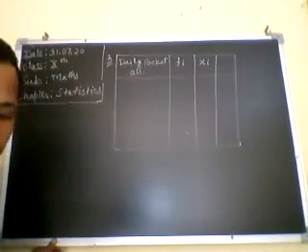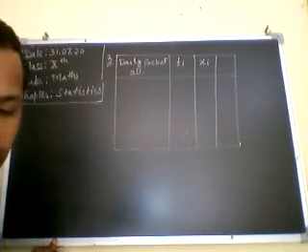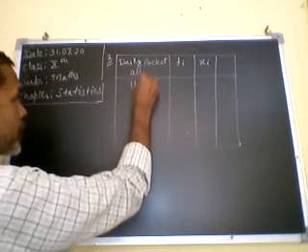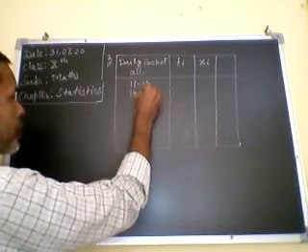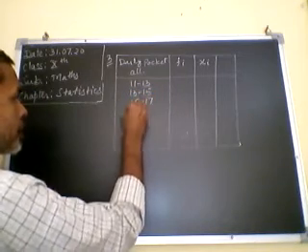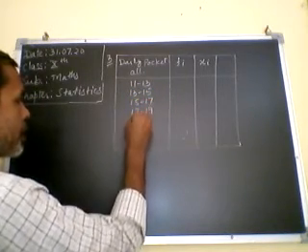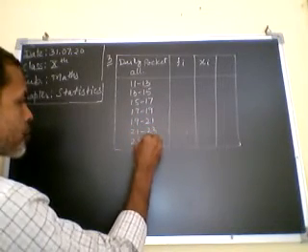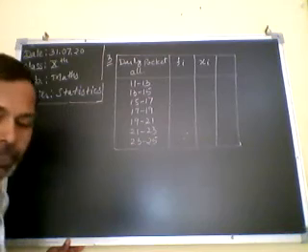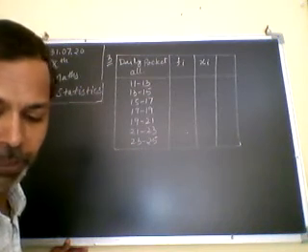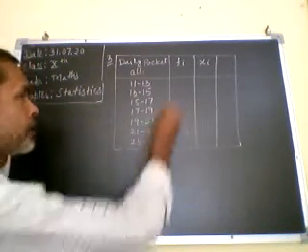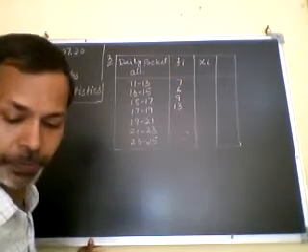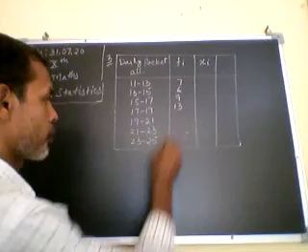Now the different classes are 11 to 13, 13 to 15, up to 25. So 11 to 13, 13 to 15, 15 to 17, 17 to 19, 19 to 21, 21 to 23, 23 to 25. This is the last class interval. The frequencies are 7, 6, 9, 13, f, 5, 4.